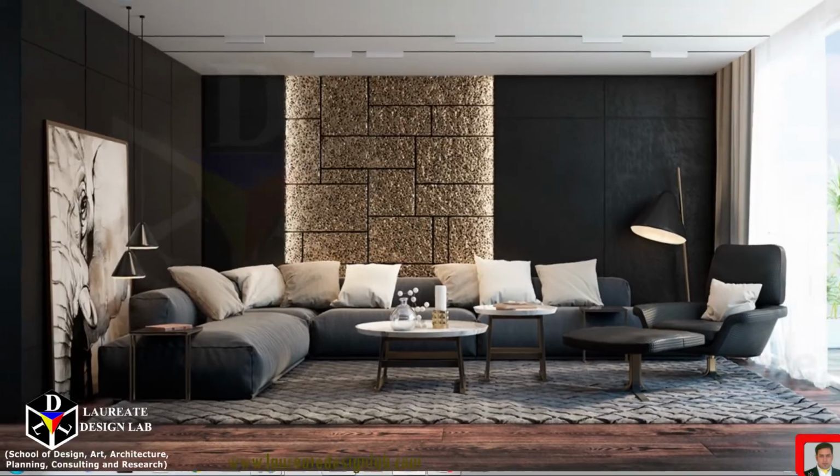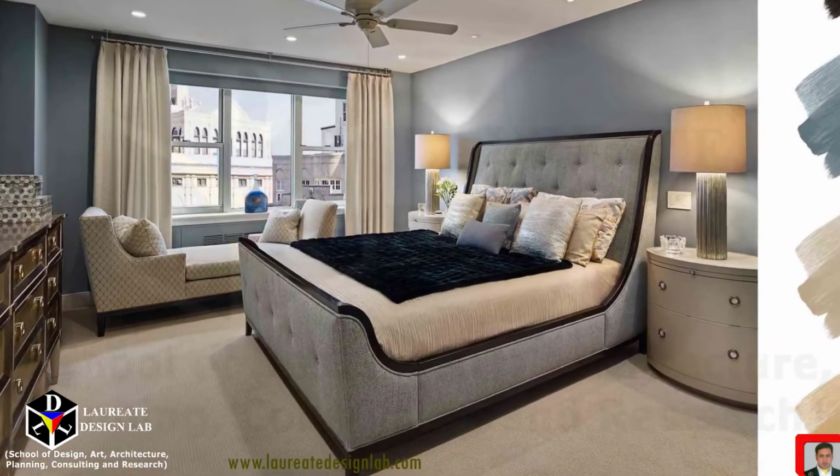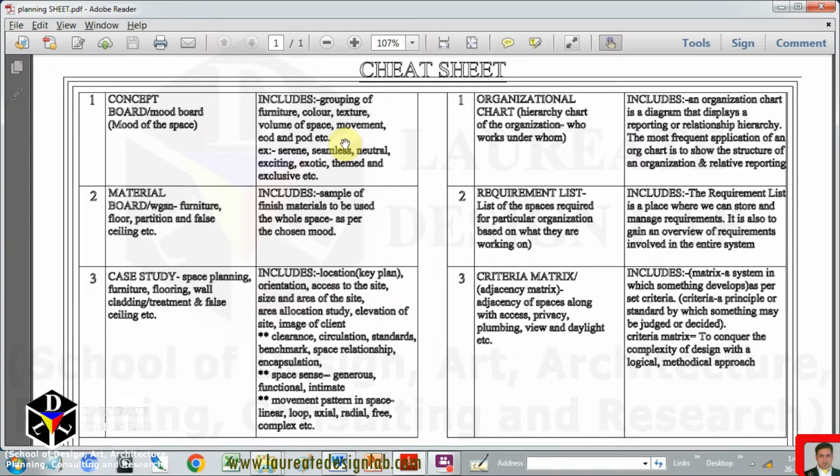So you have seen so many color schemes such as triads, tetrads, close to complementary, achromatic, neutral. Yes, these are the color schemes. And signature color scheme means which you have created your own.